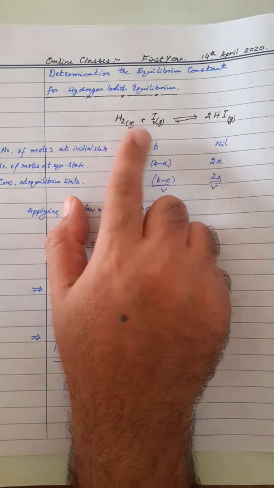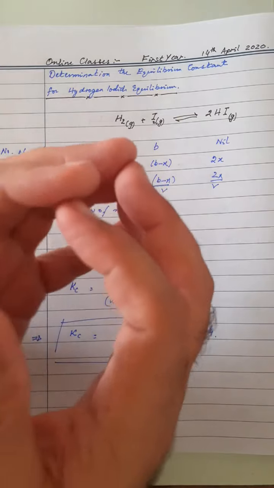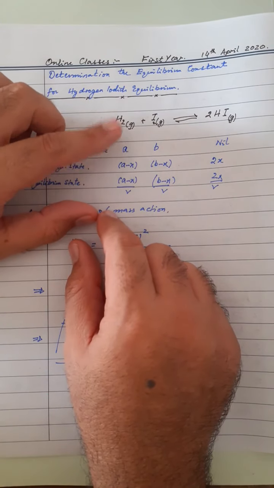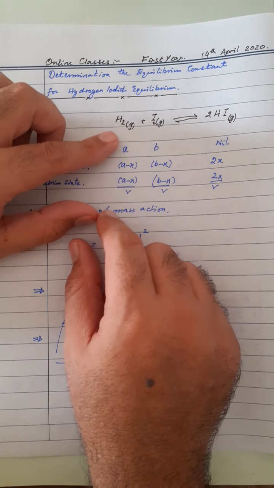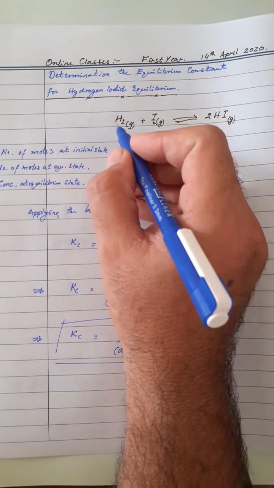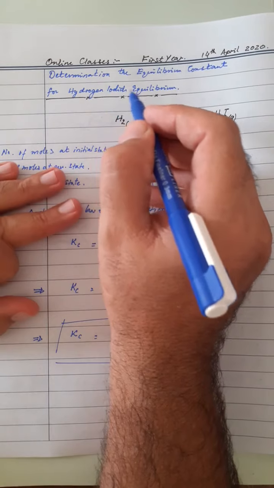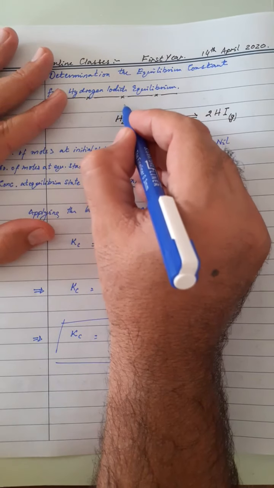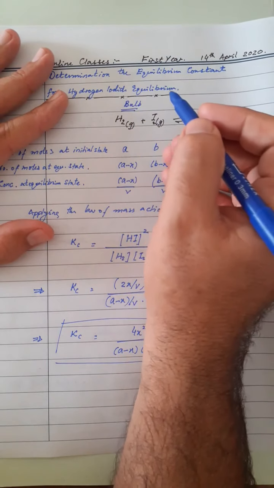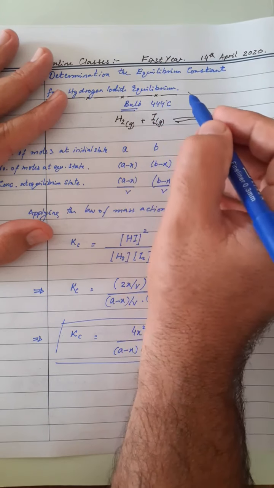These gases are filled into bulbs, into containers where air cannot go inside, and then we heat those bulbs at 444 degrees C. You can't take them in a beaker or flask, so you need to seal them, close them into a bulb. Now a bulb and a flask are different. It's a closed container, even air cannot enter, and we heat at this temperature.